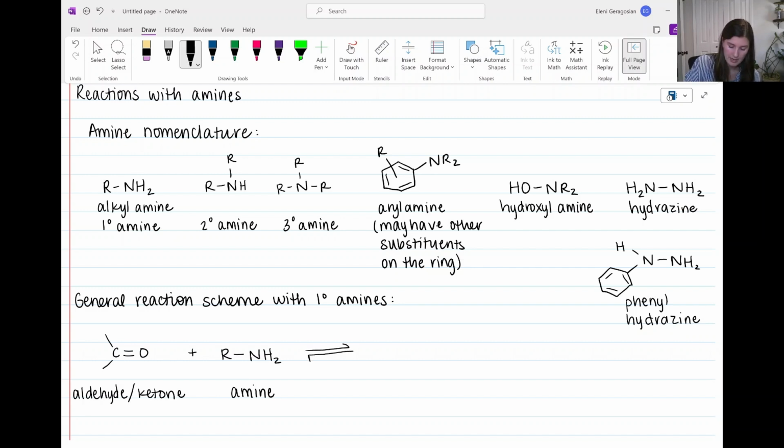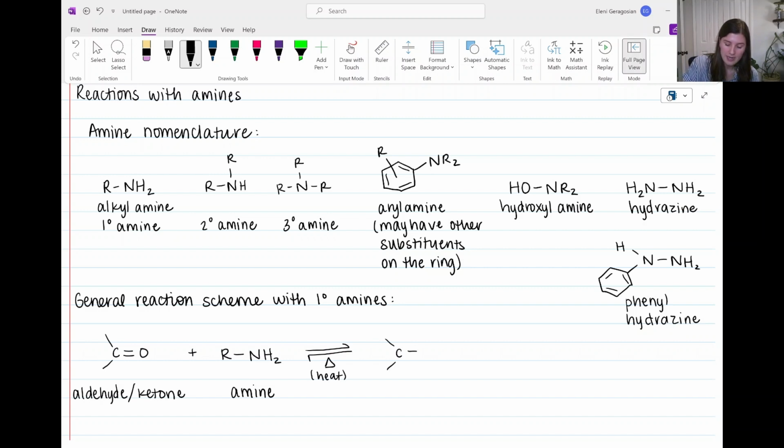Typically heat is added, so that's represented with a delta. And then the product of this reaction, we still have the carbonyl carbon bonded to whatever it's bonded to besides the oxygen. So the other two groups.